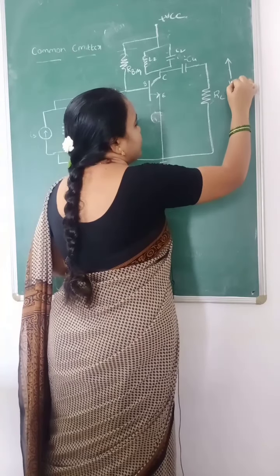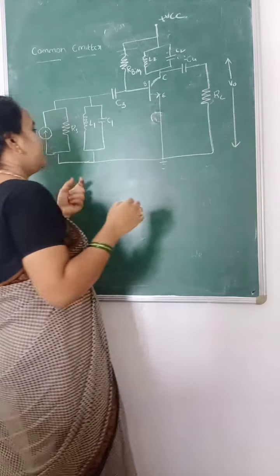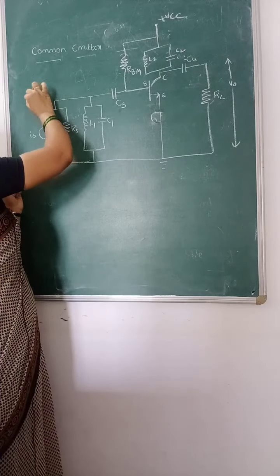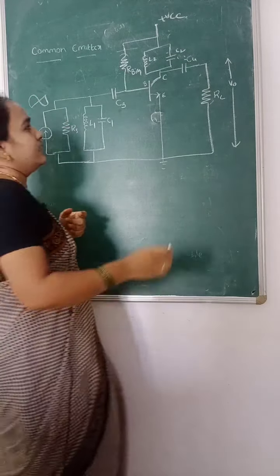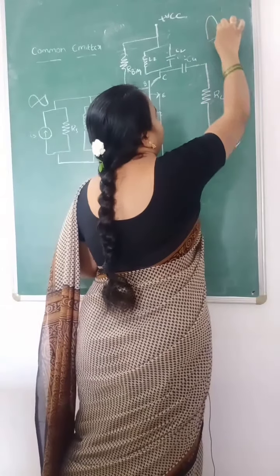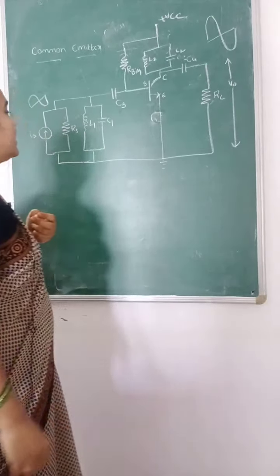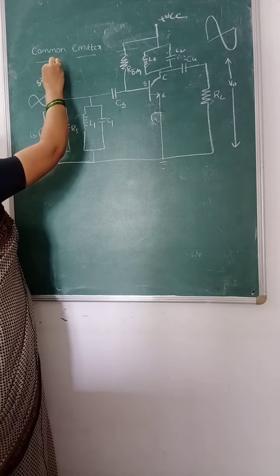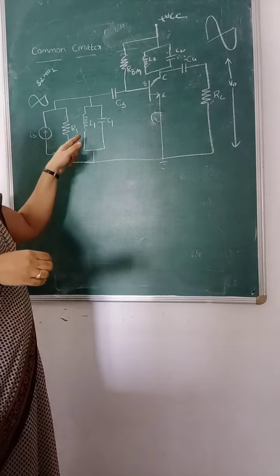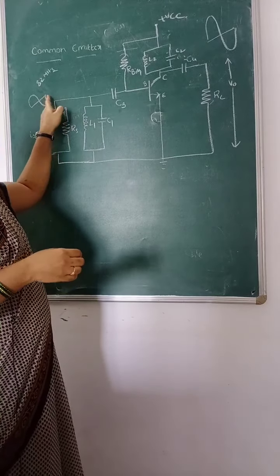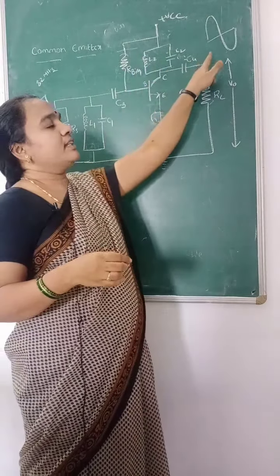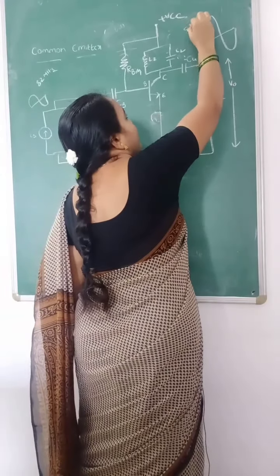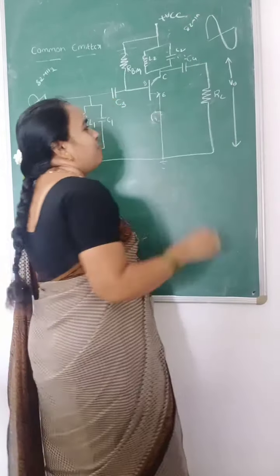A particular frequency of the input signal should be selected in the input circuit, and it is amplified in the output circuit. For example, if I want to select a frequency of 82 megahertz, accordingly we will select the values of L1 and C1. This signal should be amplified in the output, which is also an 82 megahertz frequency but in amplified form.